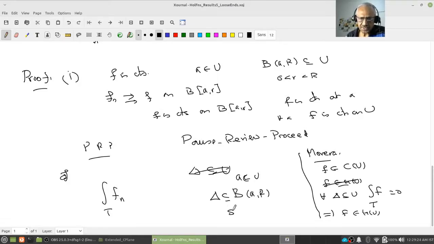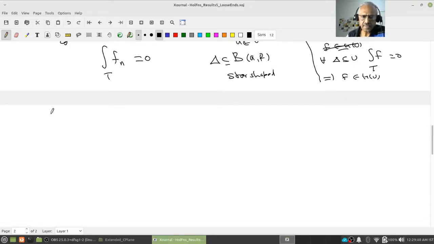Now this is a star shaped domain, right? And by Cauchy's theorem, since the Fn's are holomorphic, this is 0. Right? Now Fn converges to F uniformly on T because T is a compact set, right?